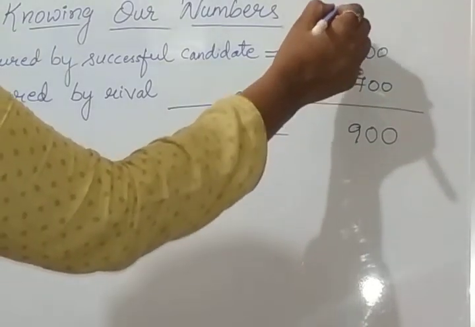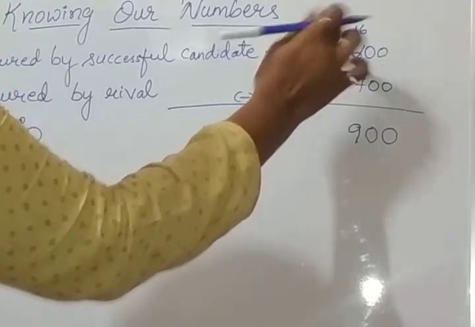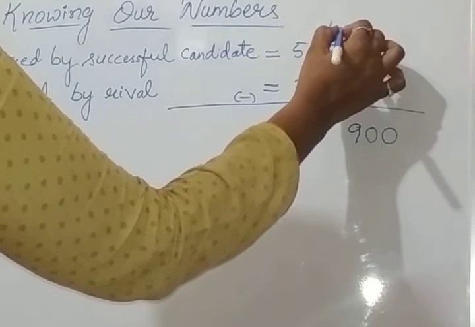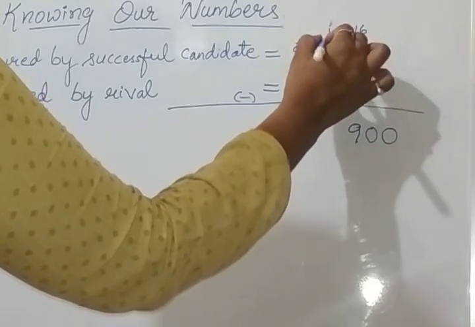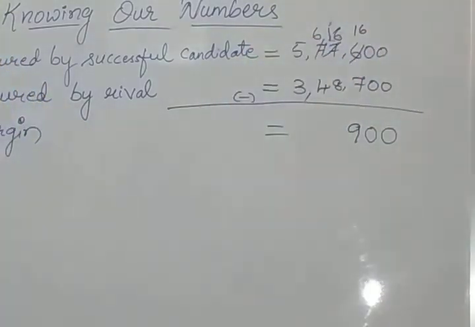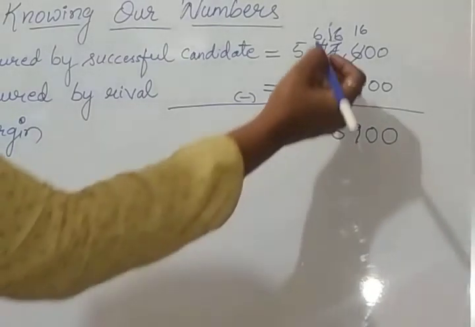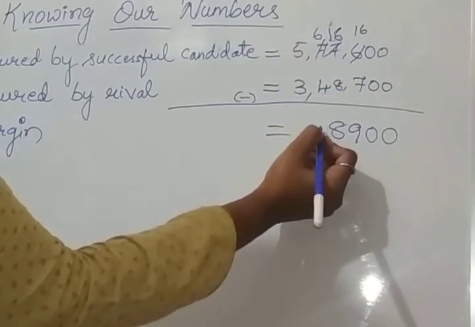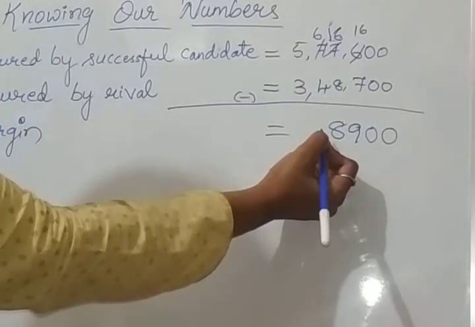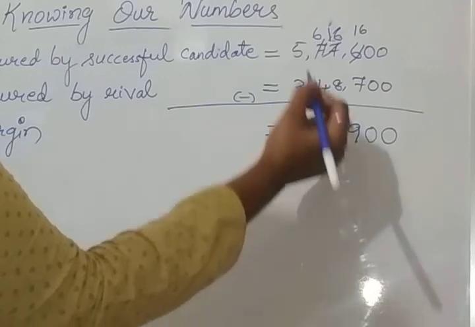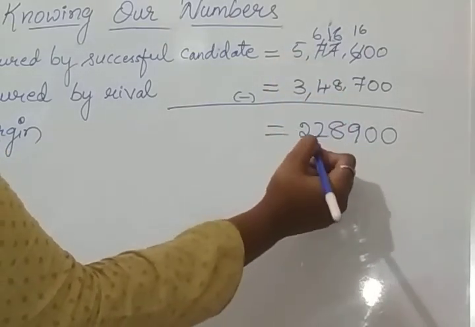6 minus 8 can't go. Again borrow, so this becomes 16, 7 becomes 6. 16 minus 8 is easy: 8, 8 is 16. That is 8. Remaining 8. So 6 minus 4, how much? 2. 5 minus 3, 2.